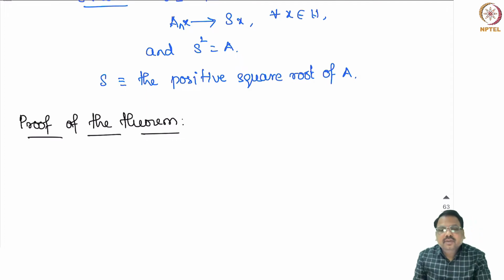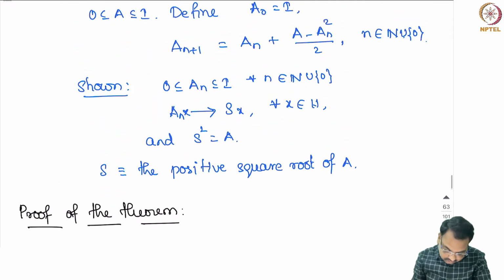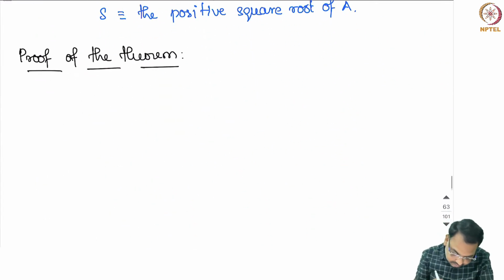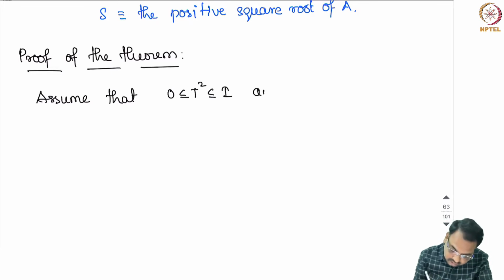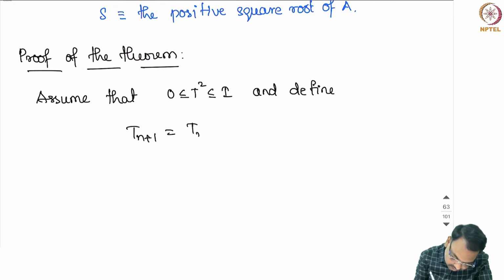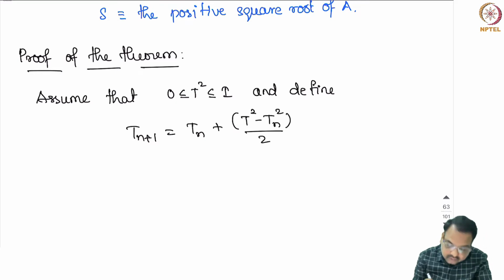So we can actually approximate T square instead of T. The positive square root of T square is nothing but mod T. So assume that the positive operator T square is between 0 and identity, and define T n plus 1 as T n plus (T square minus T n square)/2.